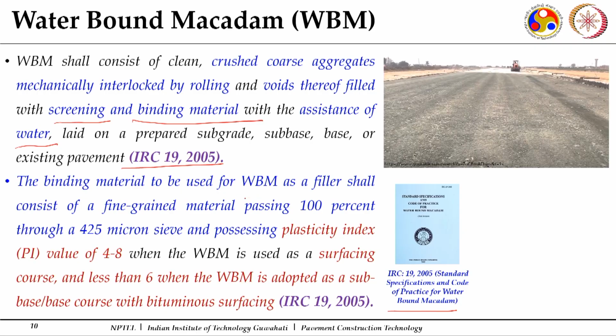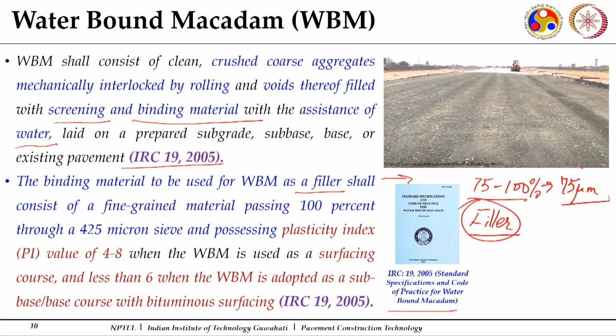The binding material to be used for WMM as a filler: usually filler is the material of which around 75 to 100% will pass through a 75 micron sieve. So, any material whose 75 to 100% passes through this 75 micron sieve during gradation is represented as filler.